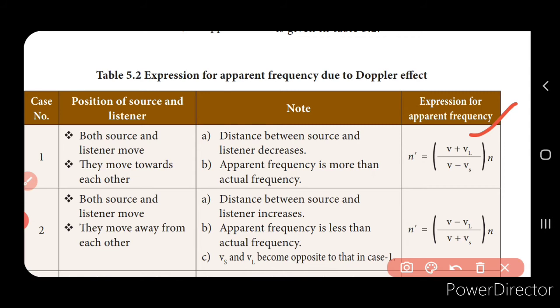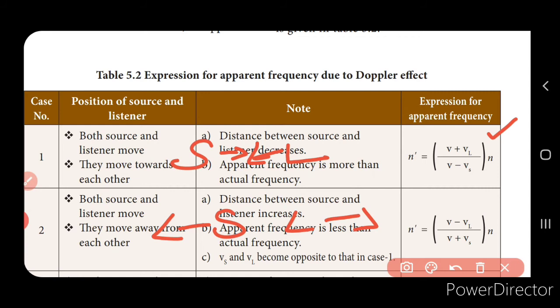Now we'll go to the second case. Here the source and the listener are moving away from one another. In the first case, the source and the listener are moving towards one another. In the second case, they are moving away from one another. With respect to the first formula, we can derive this formula.